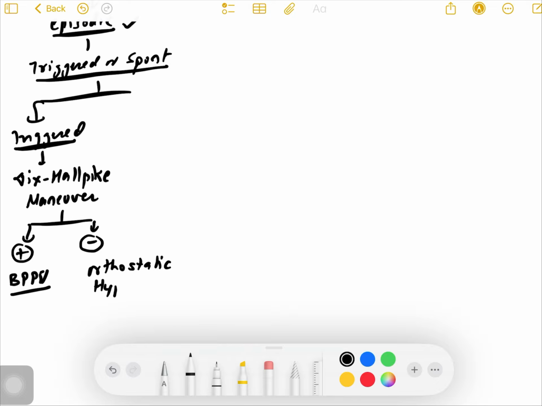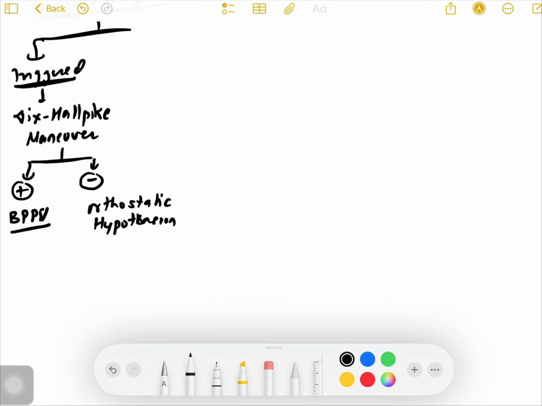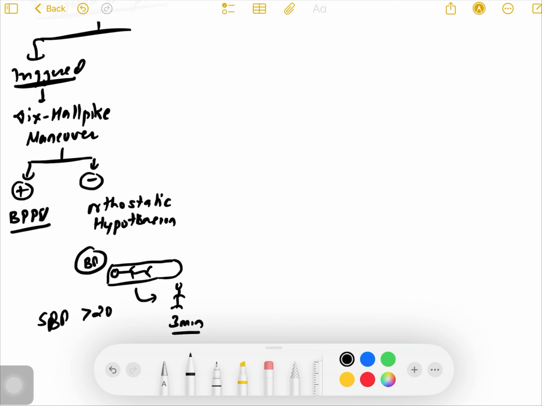We assess it by measuring BP in supine position and after standing for about 3 minutes. If there is a fall in systolic BP of more than 20 mmHg or diastolic BP of more than 10 mmHg, then we label it as orthostatic hypotension.